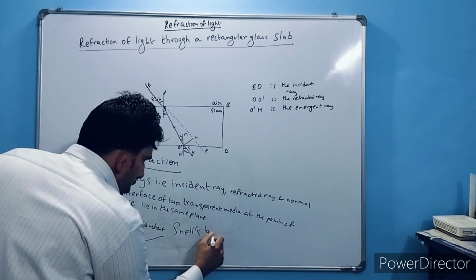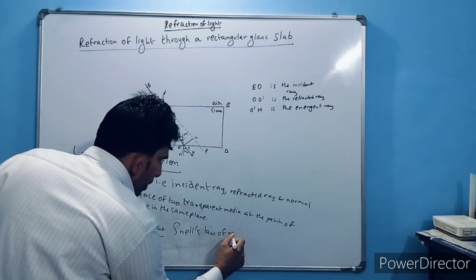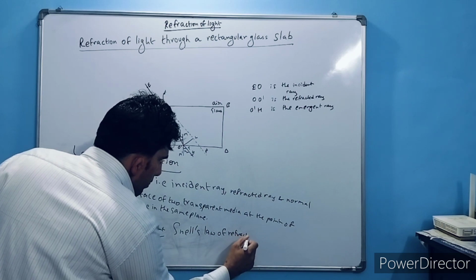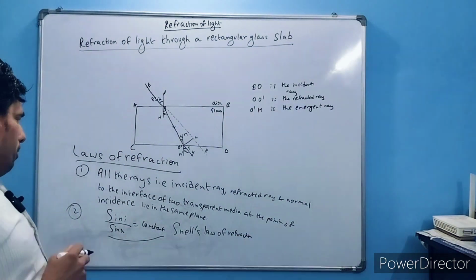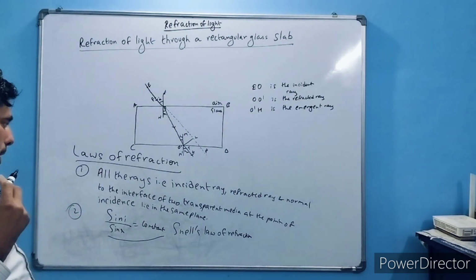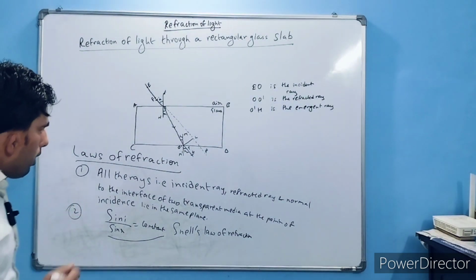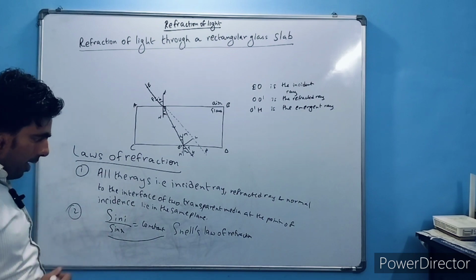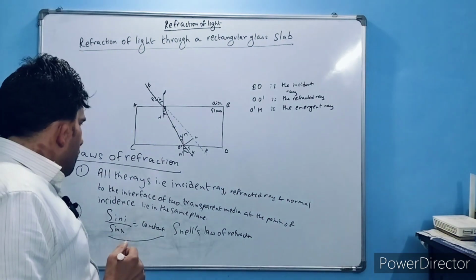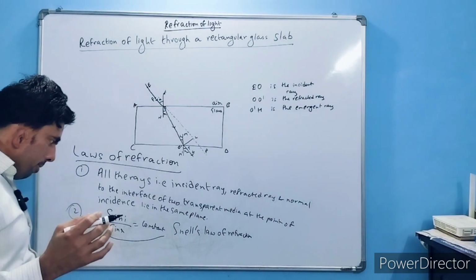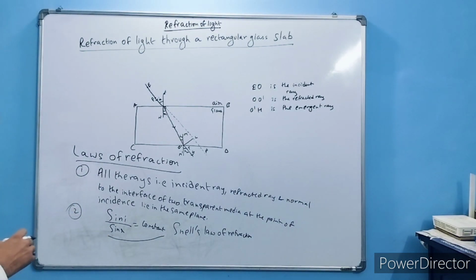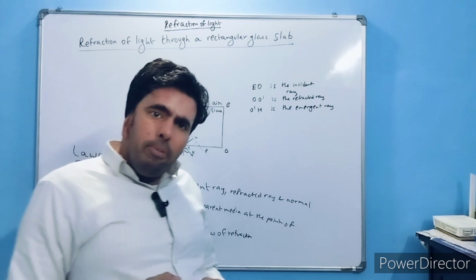Here the ratio of the sine of the angle of incidence to the sine of the angle of refraction is constant, and that is called Snell's law of refraction. So these are the two laws of refraction we have.